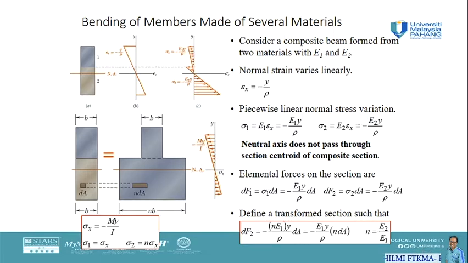We are going to denote the ratio between the moduli of materials 2 and 1, E2 over E1, by n.